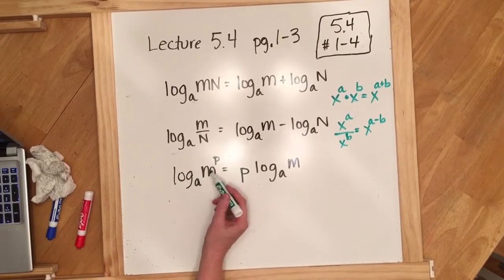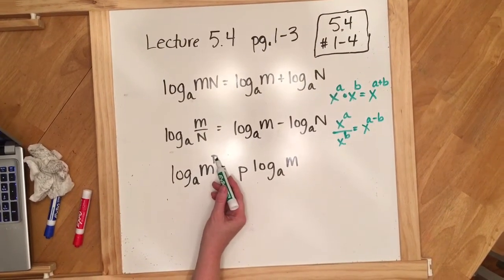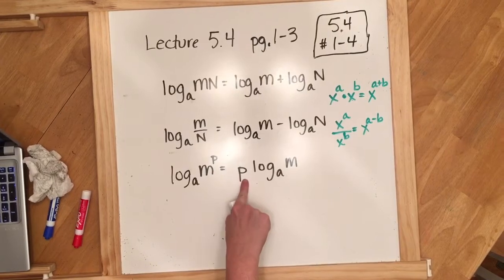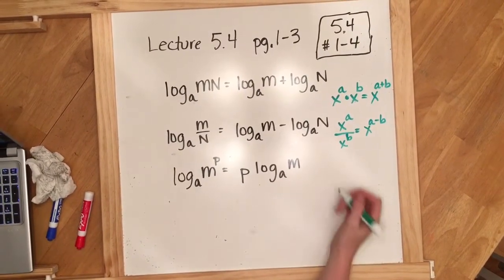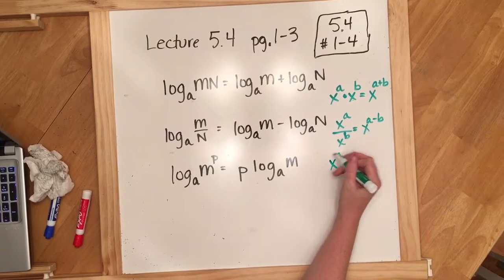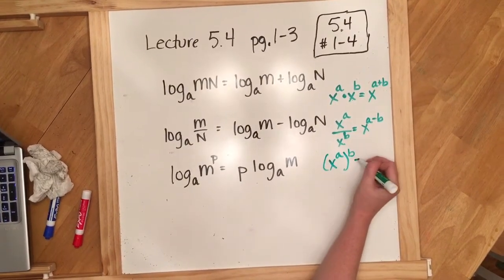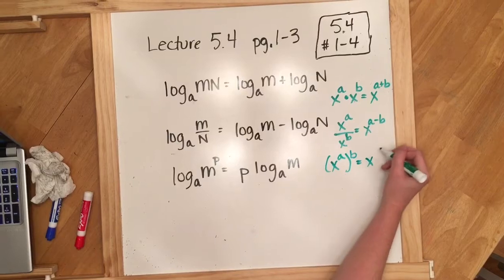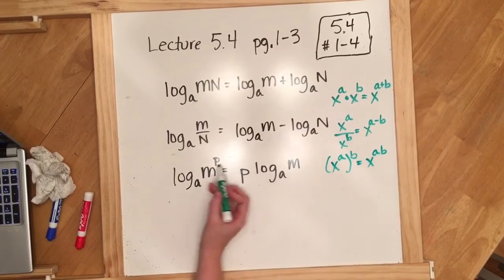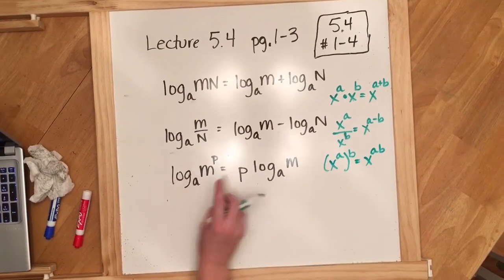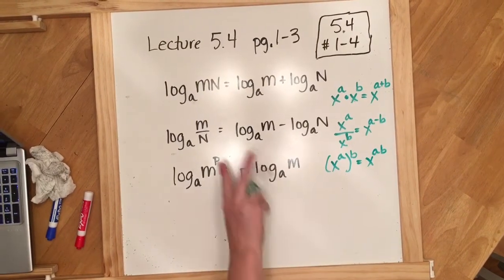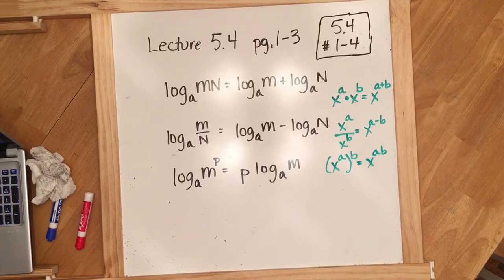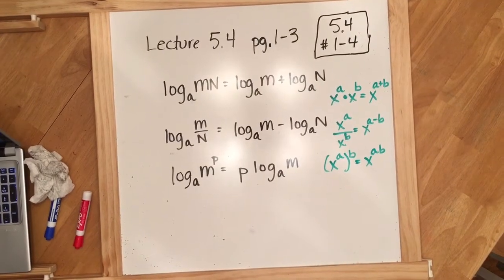So basically, if something inside of the logarithm has a power, we can move that out to the front and multiply it by the logarithm on the outside. And that's similar to our power rule for exponents, where a power raised to the power, we're just going to multiply. And same thing, the power here is multiplied down to the front. So it's pretty neat how they match up with the exponent rules that we should know.